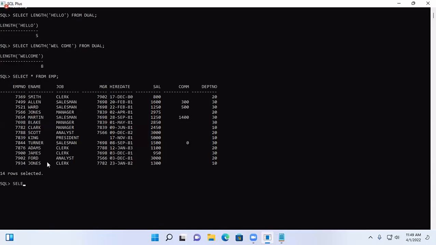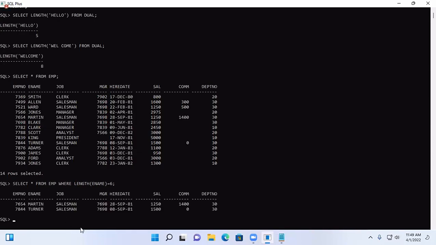I want those people's data. So I write: select star from EMP where length of ename column equals 6. The 6 character names. So how many people are there here? 2 people. Those are Martin and also Turner. These are the 2 people who have 6 characters.